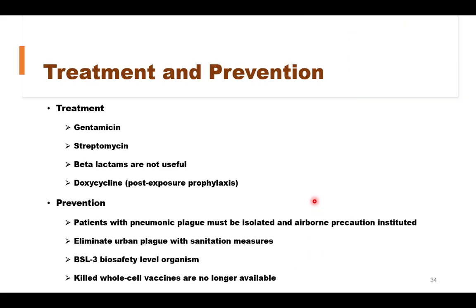In terms of treatment and prevention, again, we need antibiotics, usually the aminoglycosides. You should know that beta-lactams are not effective if you're thinking of plague. Now, doxycycline is one of the agents that can be used for post-exposure prophylaxis.